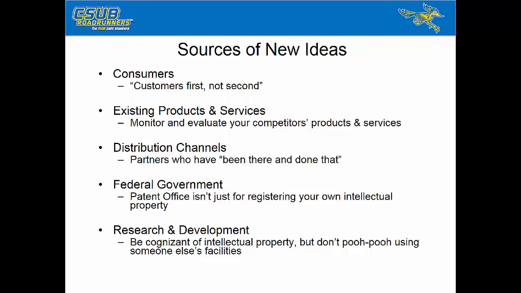Google Patents is also a great source of that same information. But taking a look at what's already patented and already copyrighted out there, and thinking about what you can do to build on it, to make it better. And then finally, research and development.